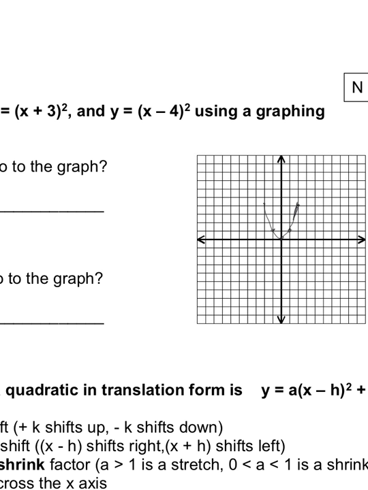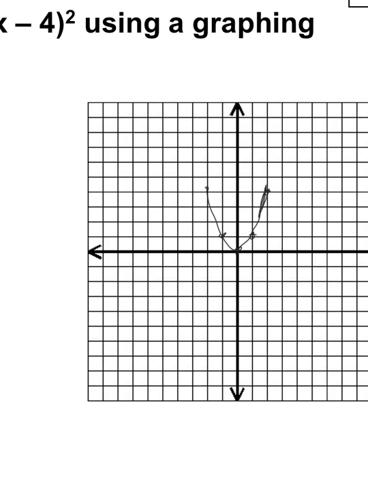Parentheses mean that it is going to be a horizontal shift, and it's always the opposite of what's in parentheses. In this case, with it being a +3, it's going to take the parent and shift it to the left 3. It's the opposite. So it takes the parent and shifts it over 1, 2, 3 to the left, and from there it's exactly the same size: over 1, up 1, over 2, up 4.